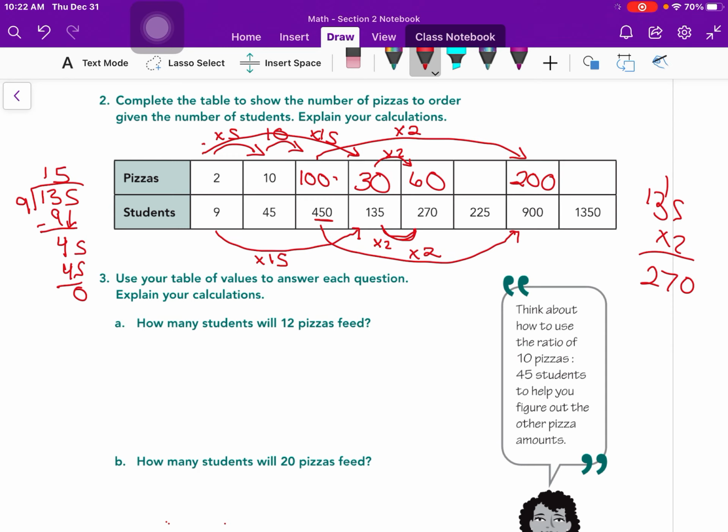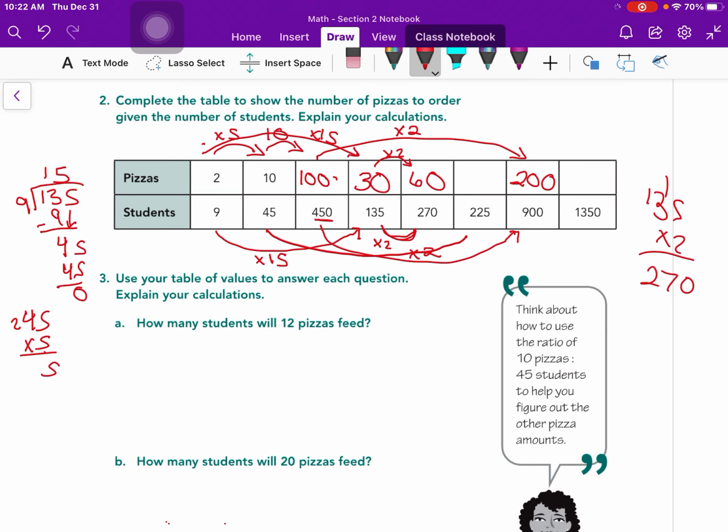Where else can I see some similarities? Let's see. 225. I'm wondering if I put 45 here. What can I multiply 45 by to get 225?